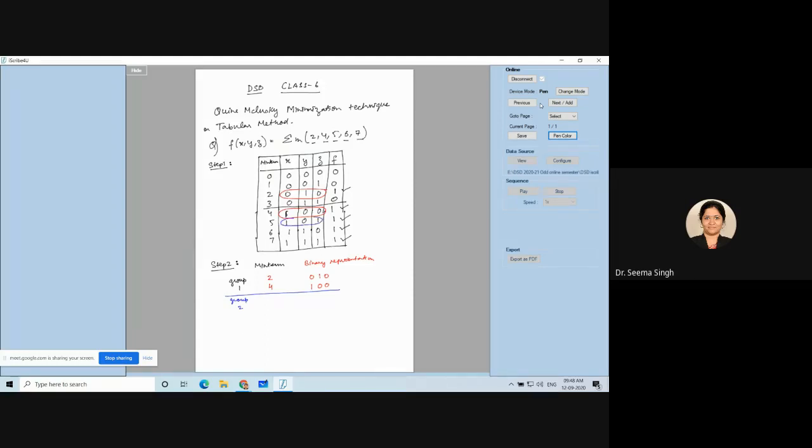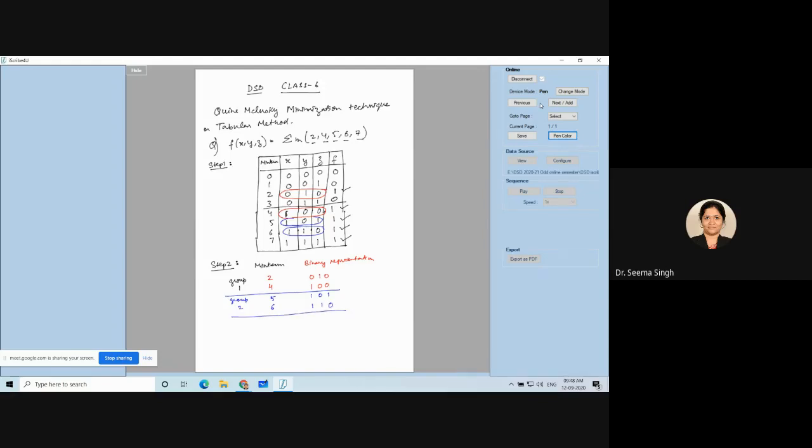One is 5. Which one is the other one? 6. 6 is the other one. So my group 2 will have 5 and 6. So my group 2 is complete.